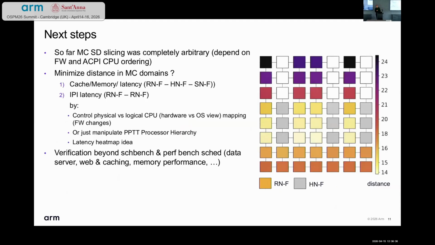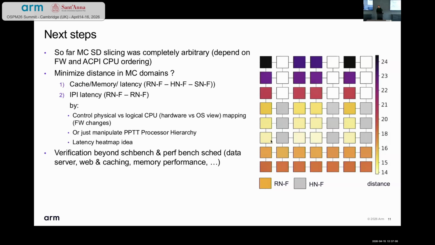So far we sliced it completely arbitrarily, but what will happen if we minimize the distance of the MC domains? This is just a picture which shows the gray things are the home nodes, so that's cache location. It's not a real CPU, right? It's just a little image here.